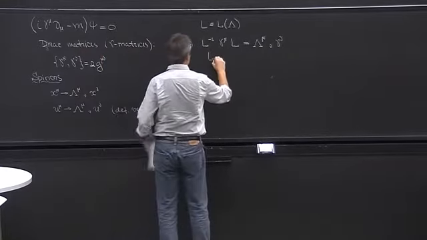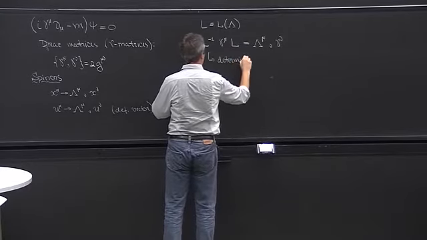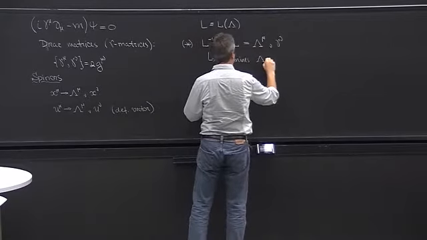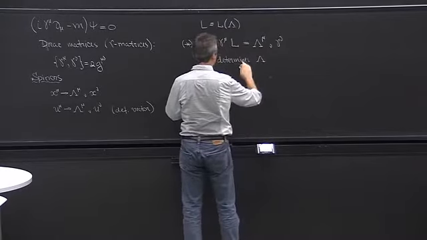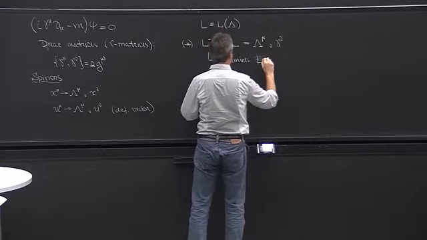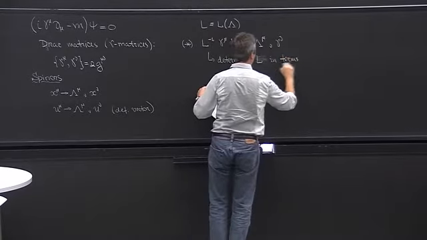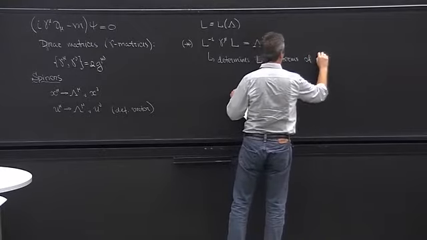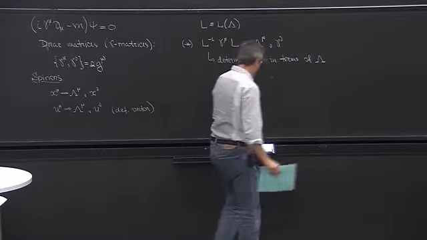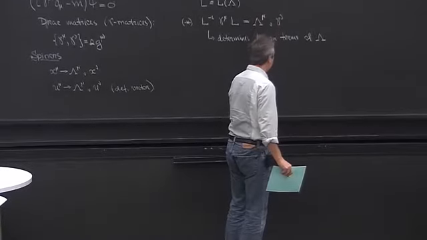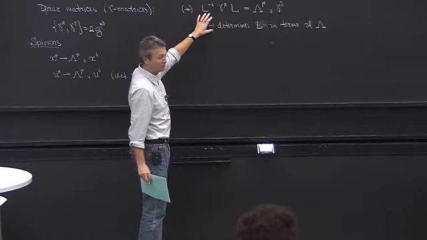So this equation determines L as a function of lambda. And so in the previous lecture, I started to describe how to solve this equation, how to find L given the lambda.